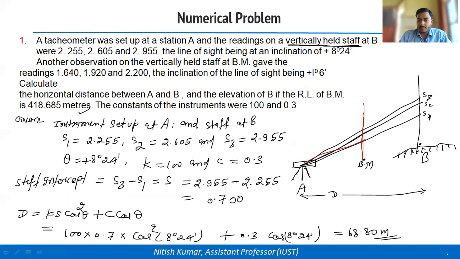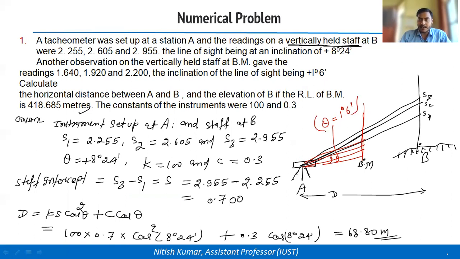From this point, the readings are different, because in this case the inclination is different, that is 1 degree 6 minute, and here the S1, S2, S3 readings are different.